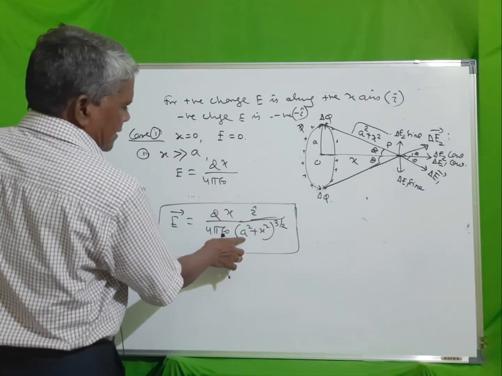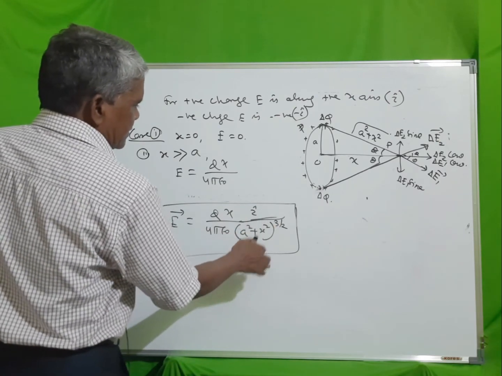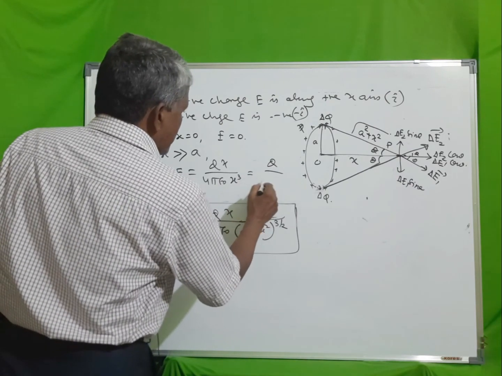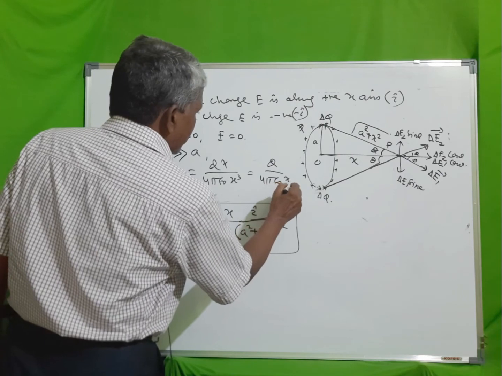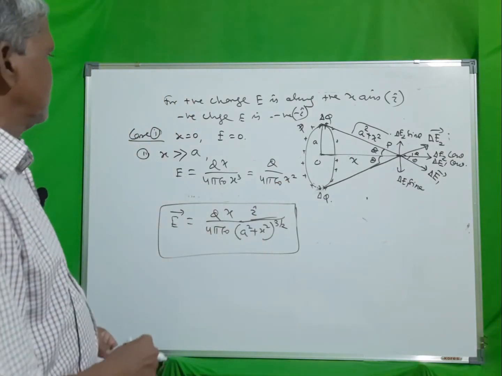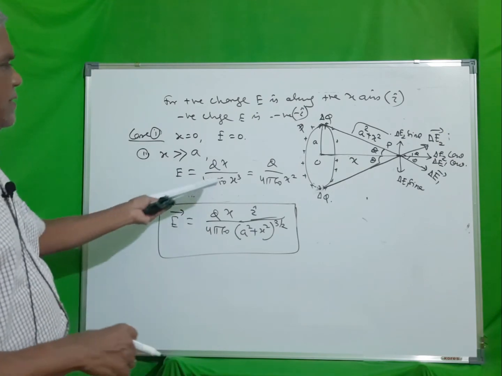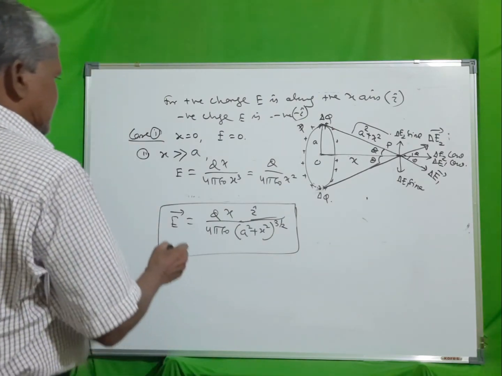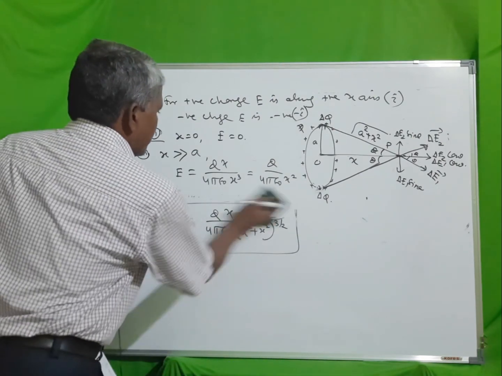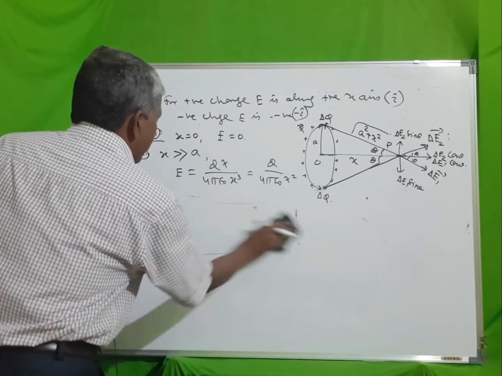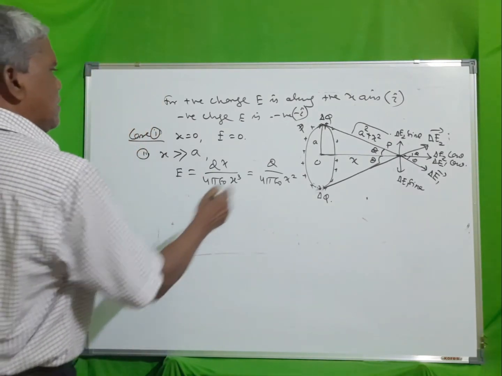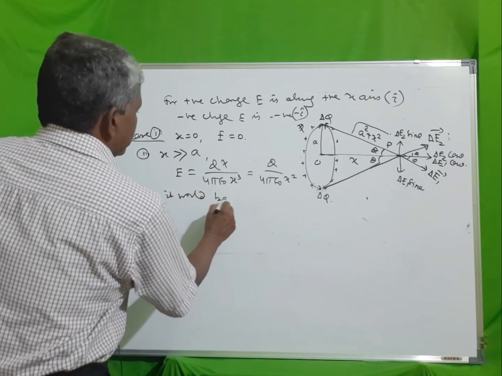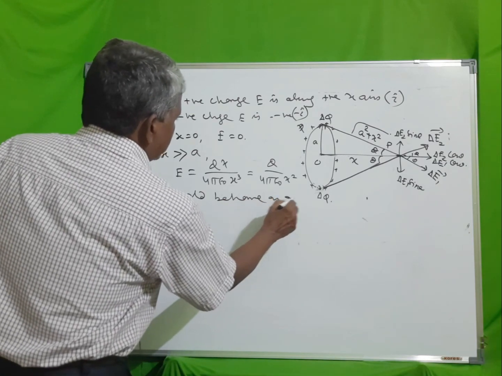If a is neglected, then it is x cube, or Q by 4 pi epsilon 0 x square. So here you can say that if the radius of the ring is very very small, then it would behave as a point charge.